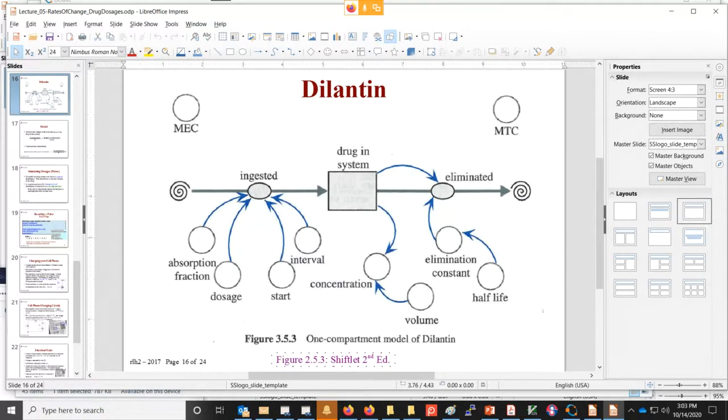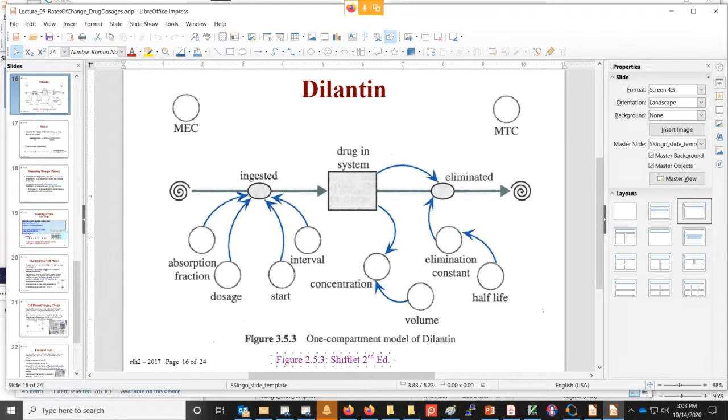The problem is that when we take a pill, we don't absorb all of it. The dosage might be 100 milligrams, but our body doesn't actually absorb all of it. That's where the absorption factor comes from. We only absorb part of it.